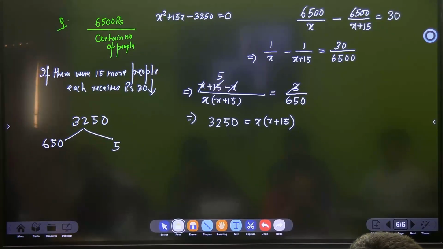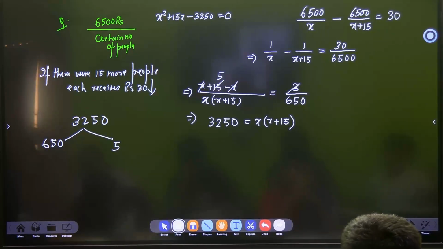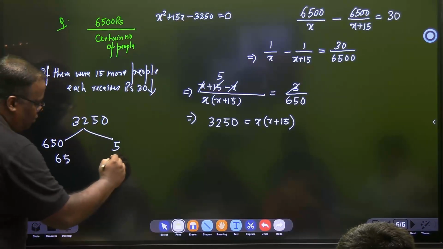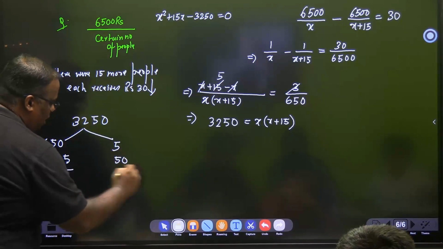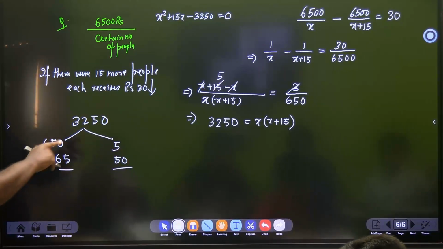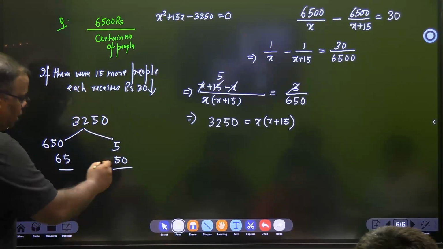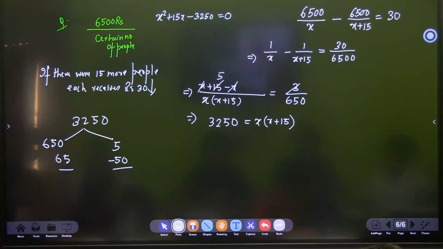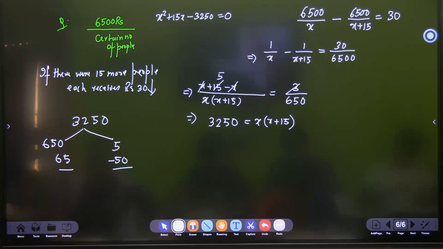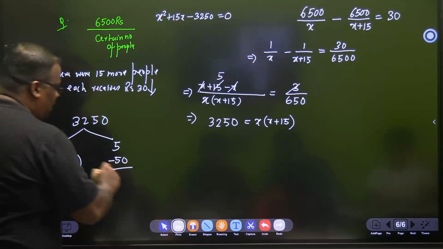Now just see how much we need in the middle. We need 15. So if we make this 65 and this 50, our job is done. We have to get a positive 15, so let's put this as negative 50. So it gives me a negative product, and these are my factors.